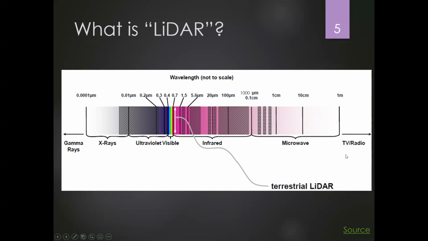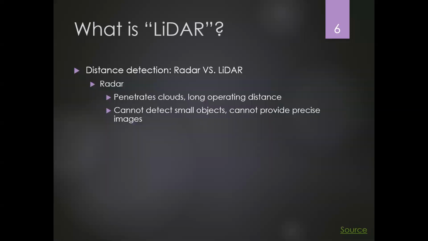Based on this difference, radar and LiDAR have their pros and cons. For example, radar penetrates clouds and has a long operating distance, but cannot detect small objects and cannot provide precise images. Penetrating clouds and long operating distance are the advantages of radar. Because the wavelength of microwave is pretty long, it can penetrate clouds. And because the energy of a radar sensor is high, radar can be mounted on planes or satellites, giving a long operating distance.